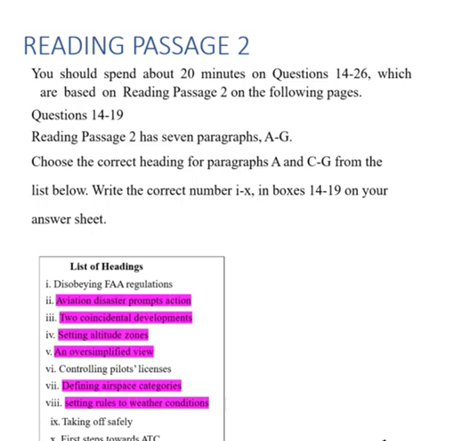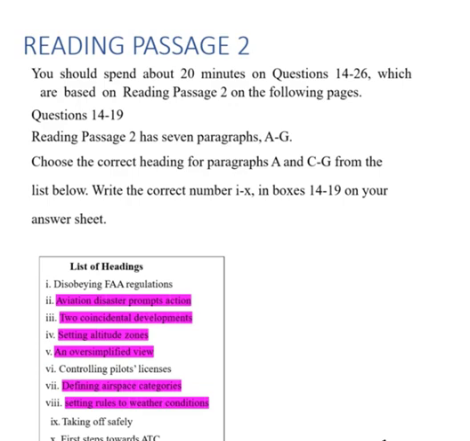So what this implies is that you are given a list of headings, and from the instruction here, the passage has 7 paragraphs, A to G. So the paragraphs have been lettered from A to G. So it means that each paragraph is expected to be given a heading.